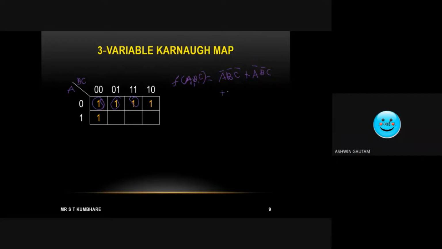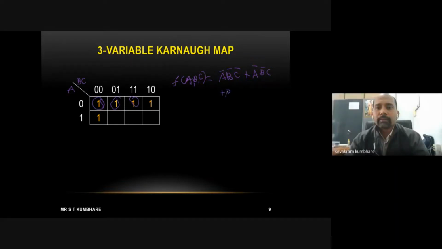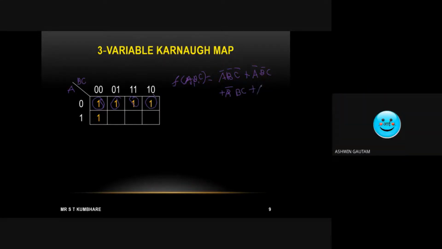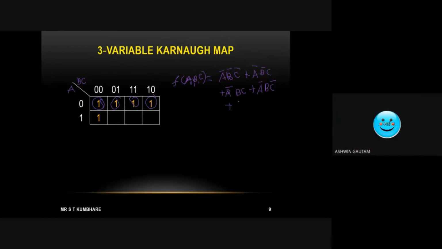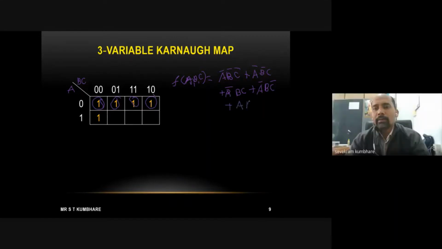A bar, B, C. Plus, what about this? A bar, B, C bar. And what about the last one? This one? A, B bar, C bar.